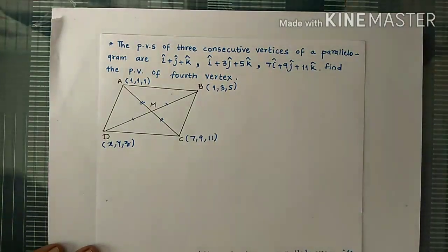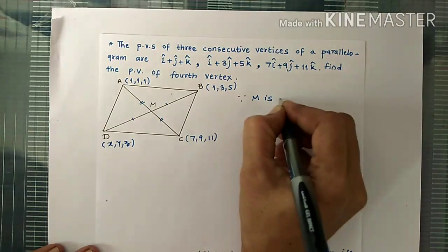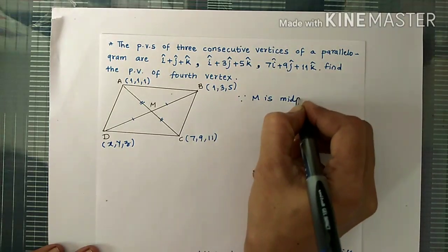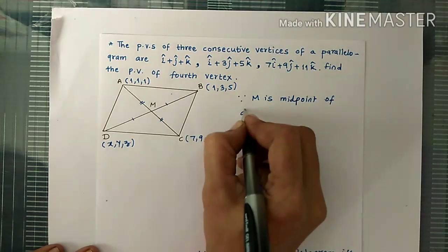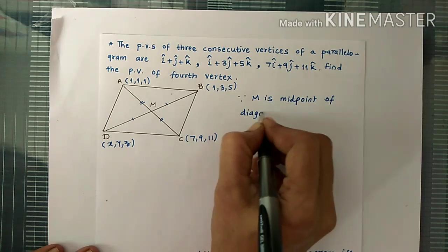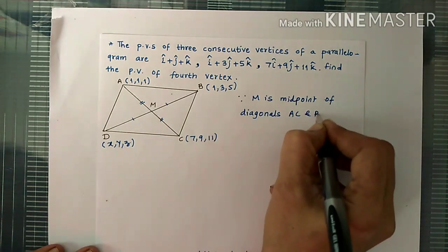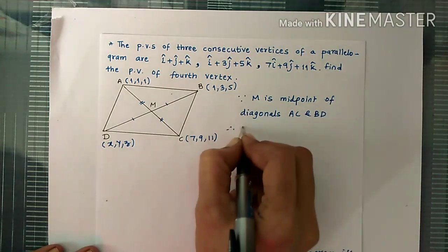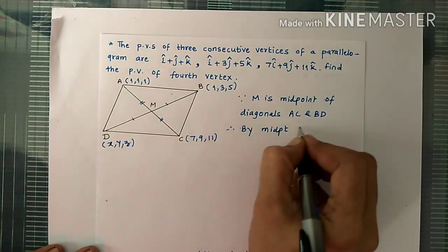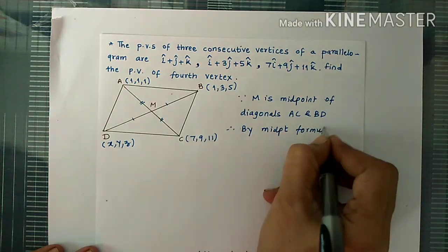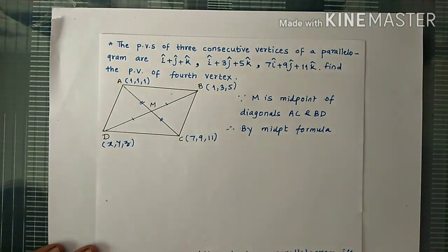Now since M is midpoint of diagonals AC and BD, therefore, by midpoint formula, midpoint of BD and midpoint of AC is same.